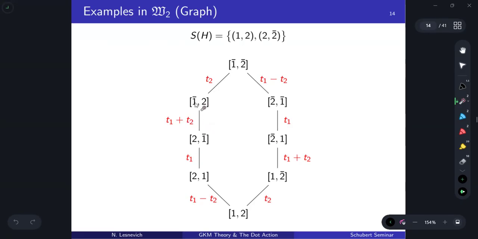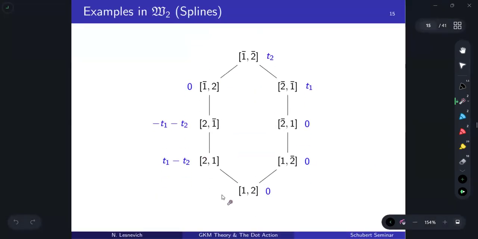If I'm switching numbers of different sign, I'll have a plus. And if I'm switching something like 1 and 2, in the same way that it worked for the normal symmetric group permutations on n, it'll be, in this case right here, T1 minus T2, because it's switching 1 and 2. All right. And we can build splines the same way that we did before, checking divisibility conditions edge by edge and building out our polynomials.